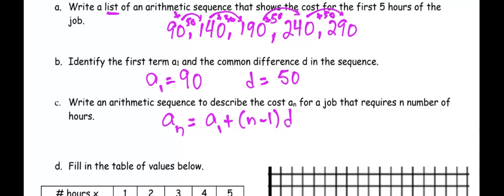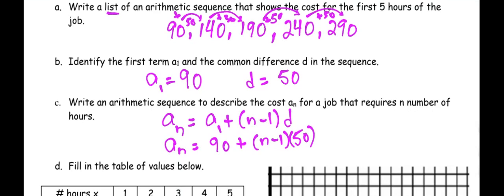Anytime I need to write the nth term rule, I need to substitute a1 and d with values. So in this case, I have a1, which is 90, and I have d, which is 50.